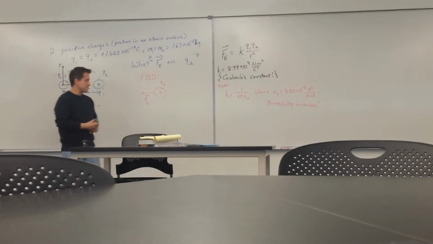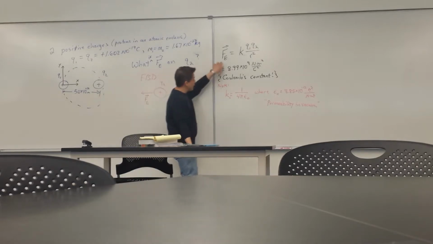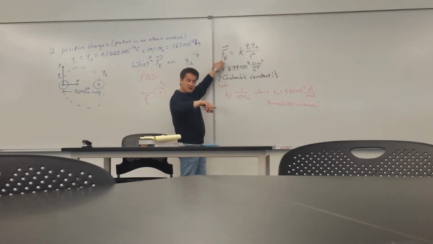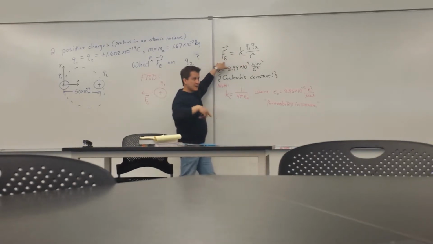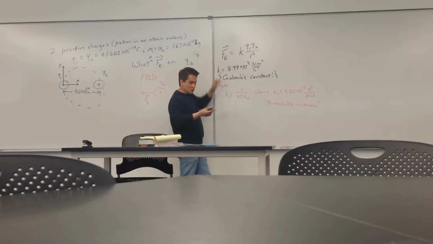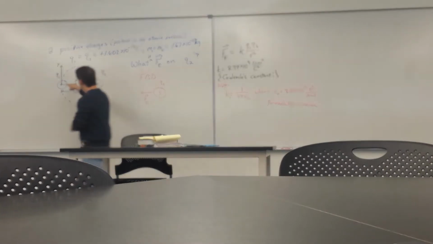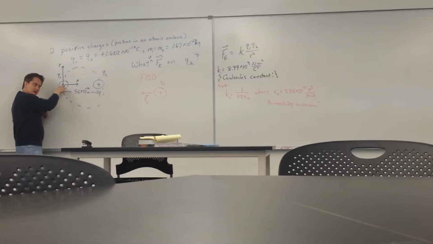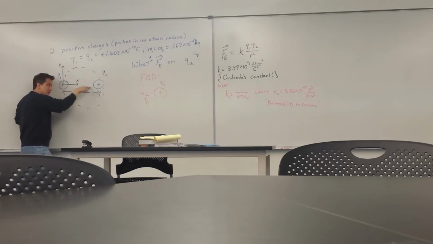So now we got another issue. We point in the direction of R. Right? This is a vector quantity. The question is, what direction does it point? Well, it points in the direction from the charge that is disturbing, along the line of action, to the charge that's being disturbed.